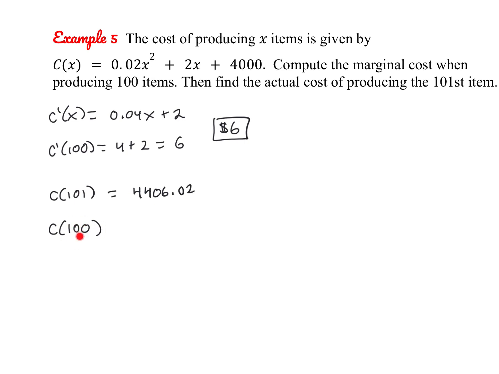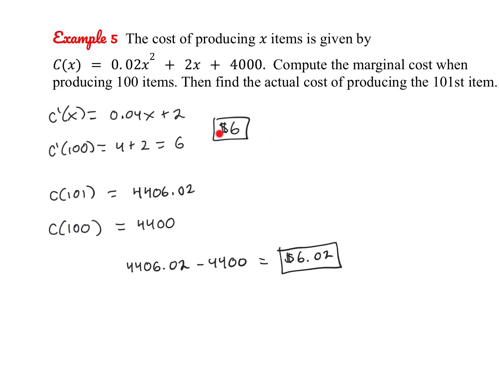And if you plug in 100, the cost to produce 100 items is $4,400 exactly. So if you subtract those two values, that will give us the actual cost of producing that extra item, which would just be $6.02.